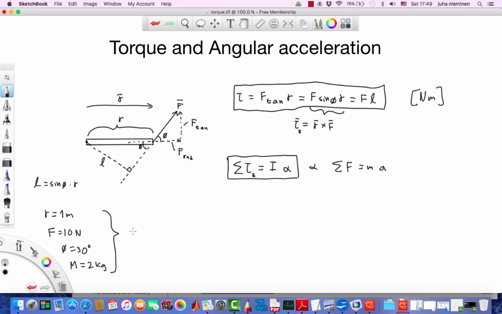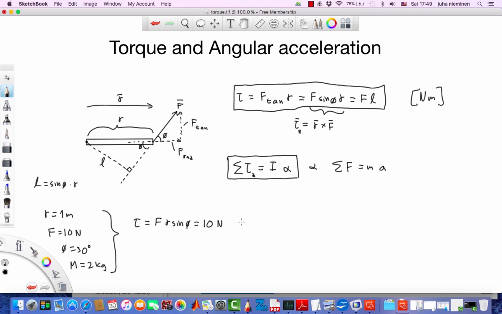So first of all, let's calculate the torque produced by this force about the pivot point. So torque, which formula should we use? We know F and we know r and we know the angle, so let's go with that one. F times r times sine theta.